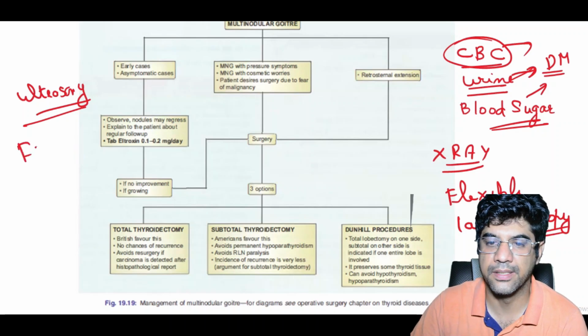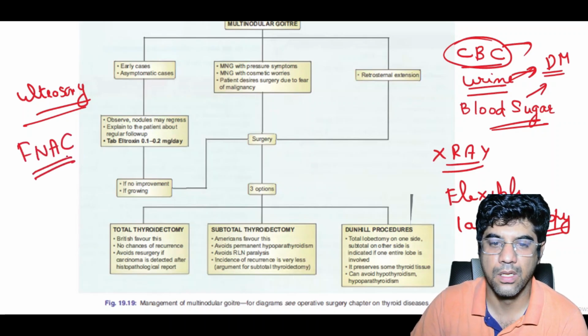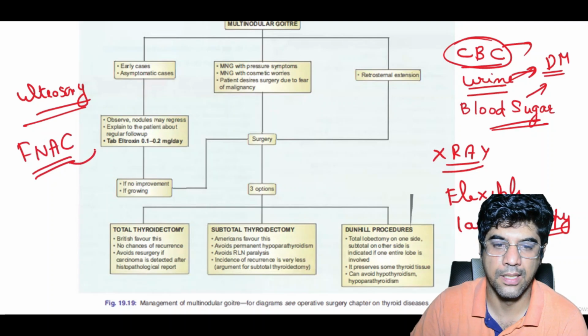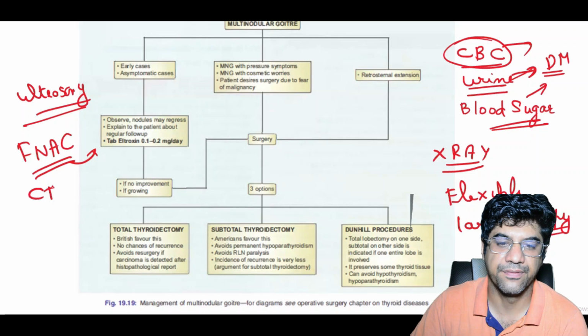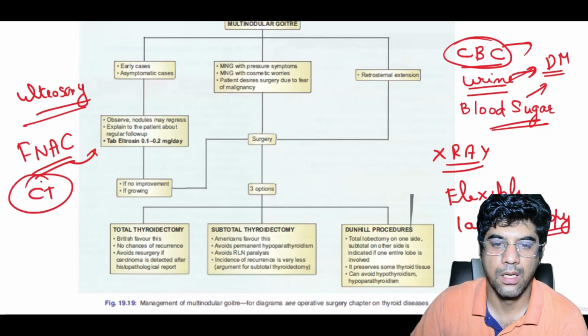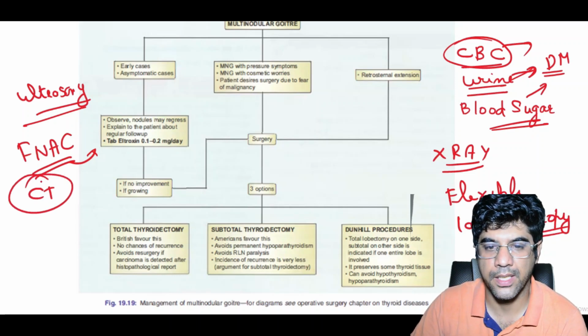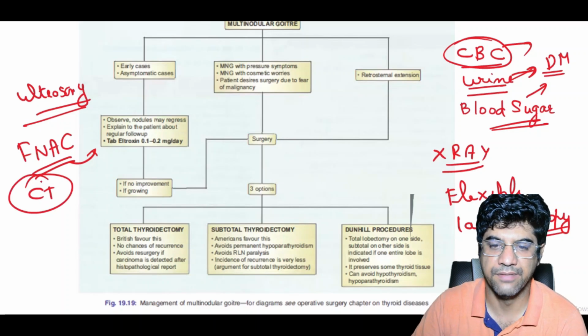Second, you can take an X-ray of the neck. That will help you to get the size of the goiter, check for the compression of the trachea, and look for any calcification.